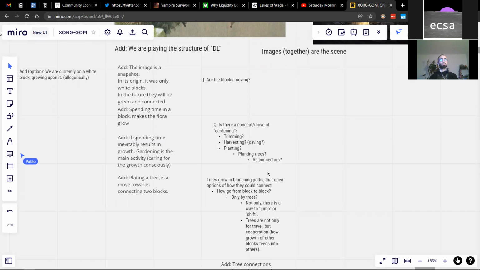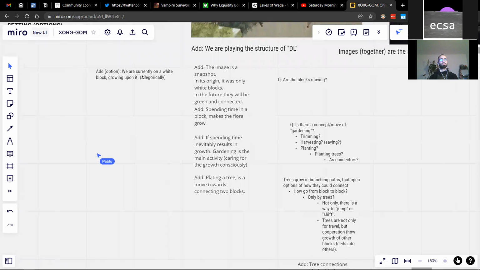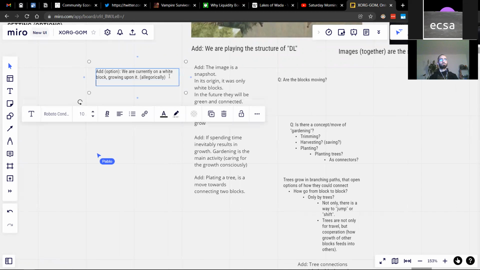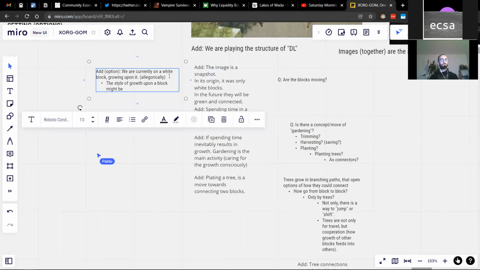And of course, like, one play to here, I'll just make it quickly, is that the style of growth upon block might be contoured, or not controlled, but let's put contoured by rules.